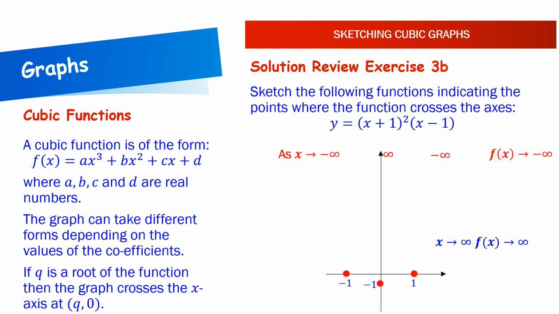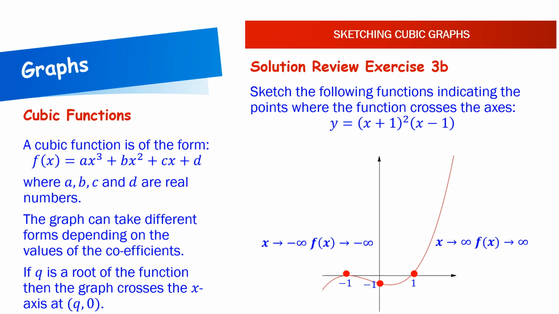Therefore, all of these three multiplied by each other give us that f(x) tends to minus infinity too. So as x tends to minus infinity, f(x) tends to minus infinity. And so here's our graph. Notice that we have a double repeated root at x equals -1, so the graph just touches the x-axis at this point.